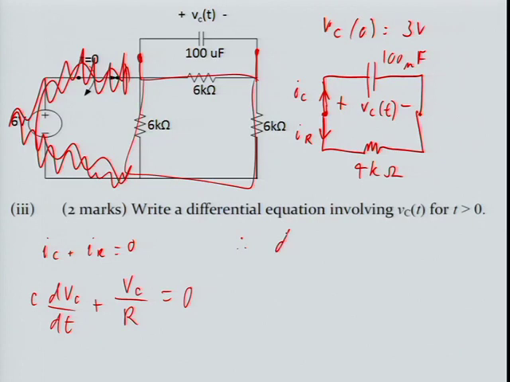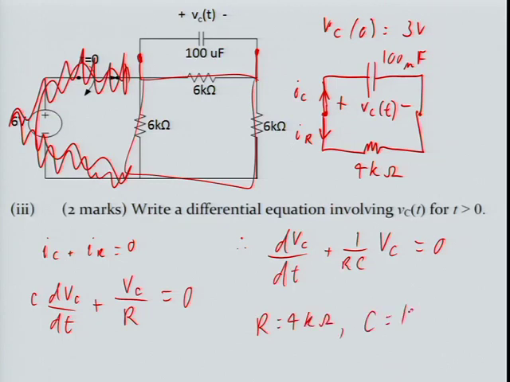We can simplify it if you like. C dVC/dt plus 1 on R VC equals 0, where R is 4 k ohms and C is 100 microfarads. So that's it.